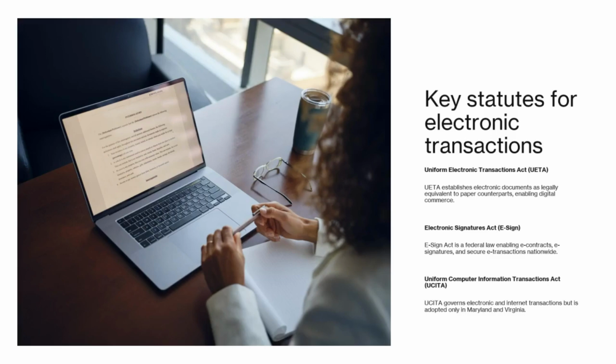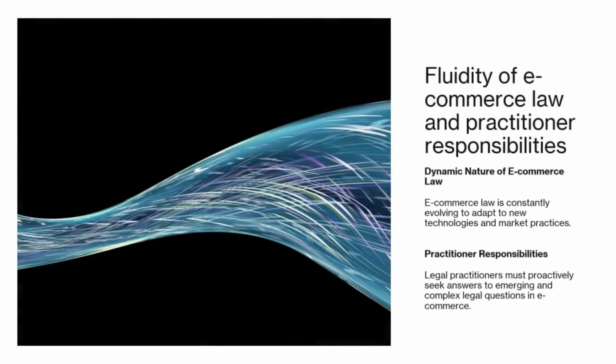The Uniform Computer Information Transactions Act, UCITA, addresses electronic and internet transactions, and it's only adopted by Maryland and Virginia to date. Law of e-commerce is fluid. It's constantly changing, and your role is to find answers to the inevitable questions that will arise.